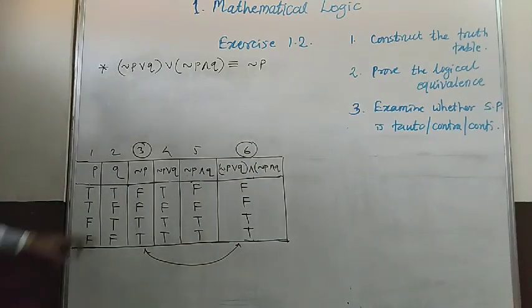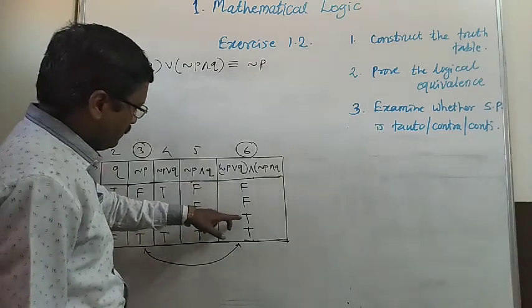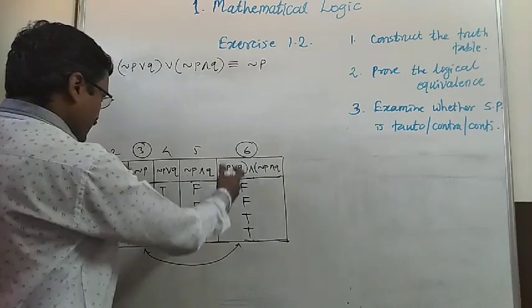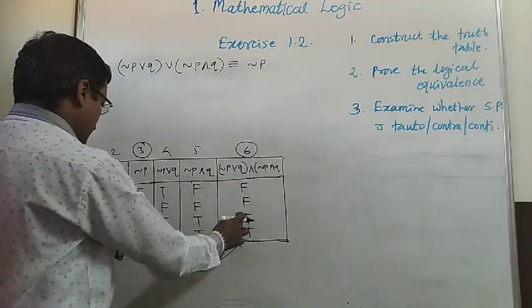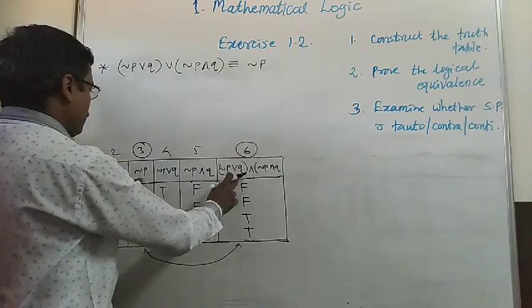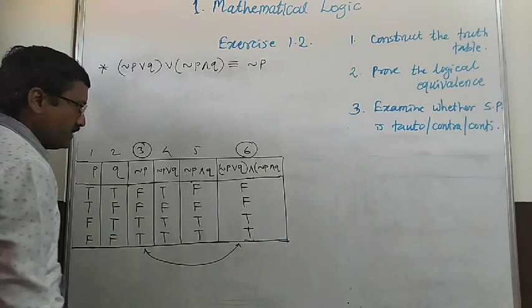If you observe these two columns, column number 3 and 6, the entries are F, F, T, T here, and here also entries F, F, T, T. So the corresponding entries in these two columns are identical, so these two statement patterns are equivalent. How to write it here?